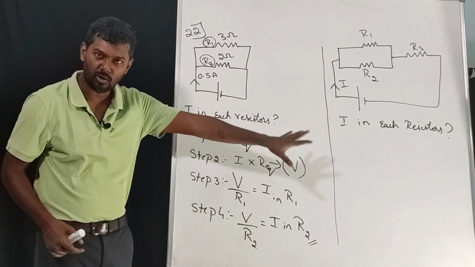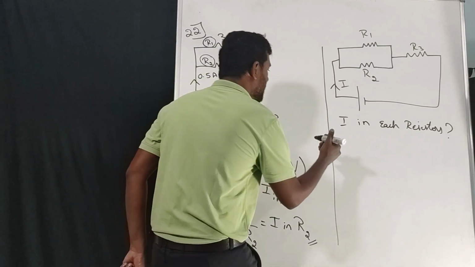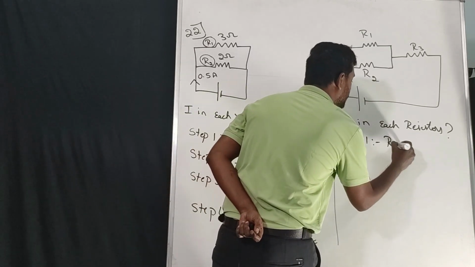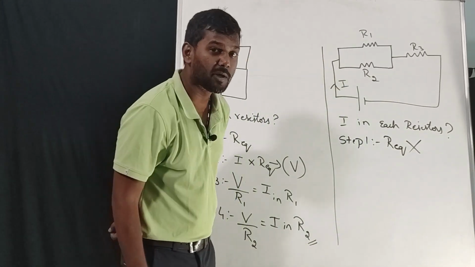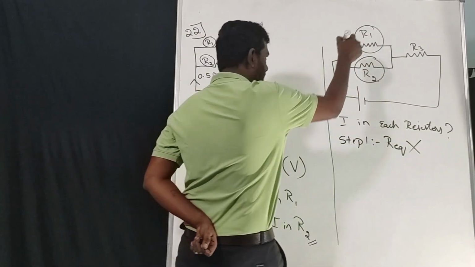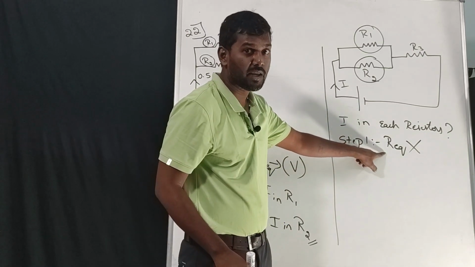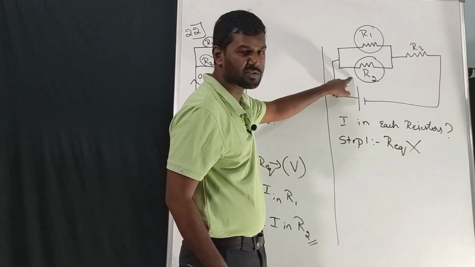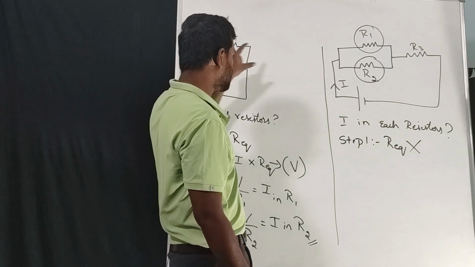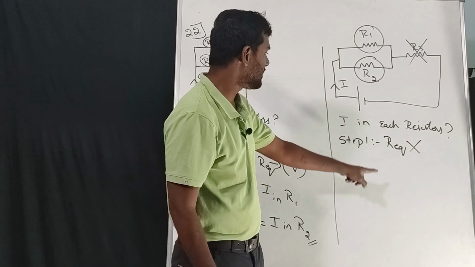The same steps we follow here also, but here there is a problem. You need to understand that. The first step is the problem. Step 1 is the only problem. Here we are not going to find R equivalent of everything. Why? Because if you want to find the current in this path or this resistance, any one of these two resistances, you should not take the total equivalent. In these two resistances we know they are connected in parallel, and the current will be different in each.